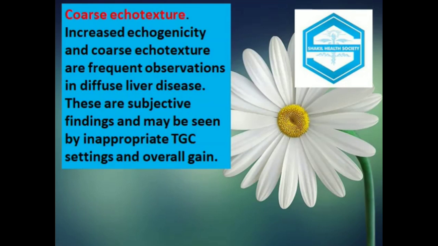The second finding on ultrasound: coarse echotexture. Increased echogenicity and coarse echotexture are frequently observed in diffuse liver diseases. These are subjective findings and may be seen with inappropriate TGC setting or overall gain, time gain compensation.